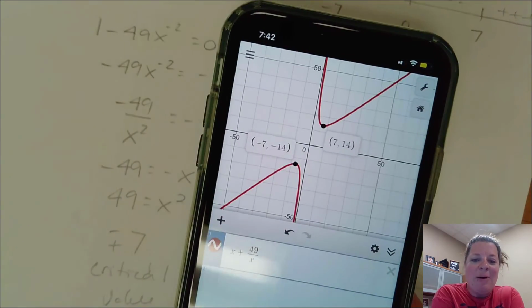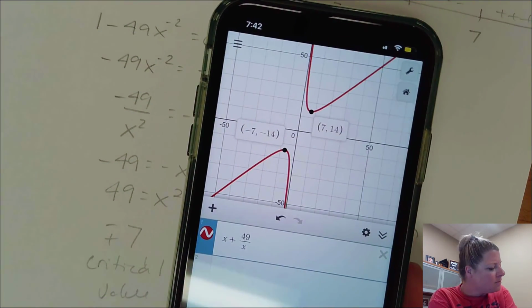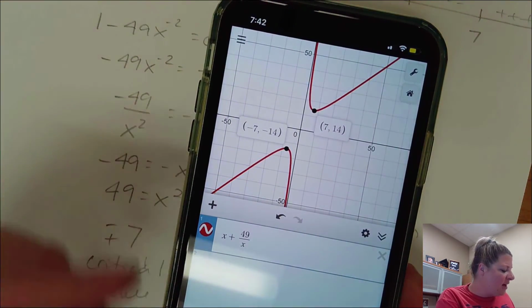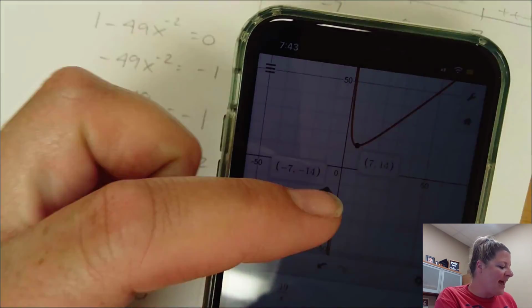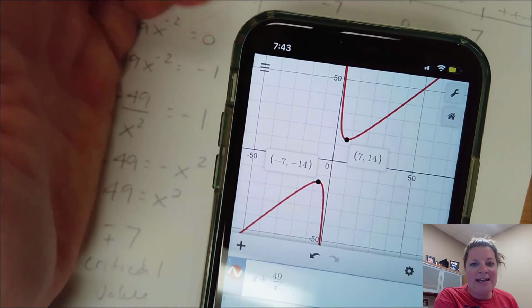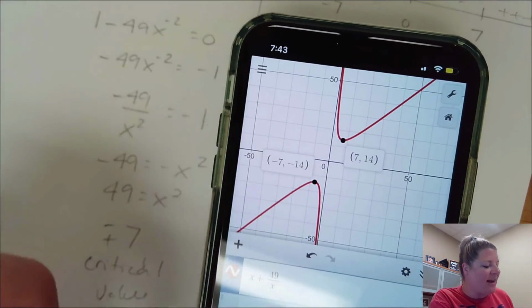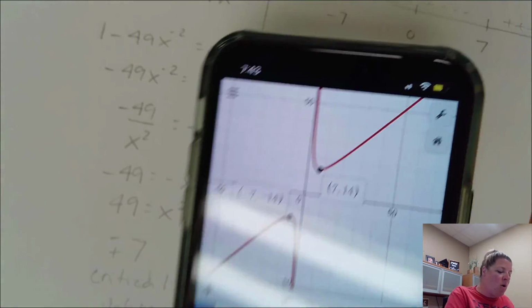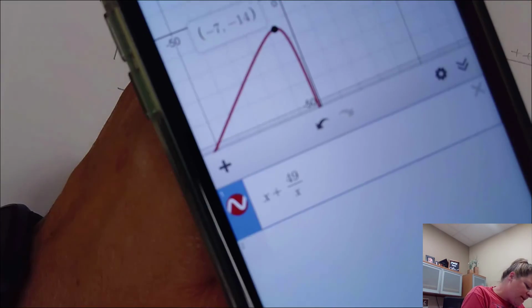But what do you notice about absolutes? We can't be concave down with our max knowing this is above. So neither one is our absolute. This goes down forever, that goes up forever.